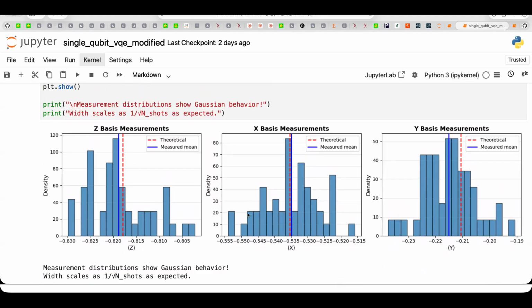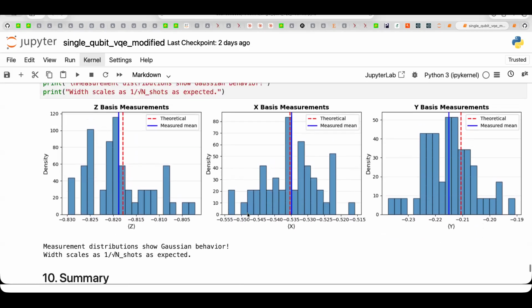Clearly, the more shots you make here, the closer it will probably distribute itself around the mean. So this simply counts the expectation values of Z and X and Y as a function of the number of shots, and it simply calculates a number of cases when you got these specific values. And that can also be useful when you're plotting your results.